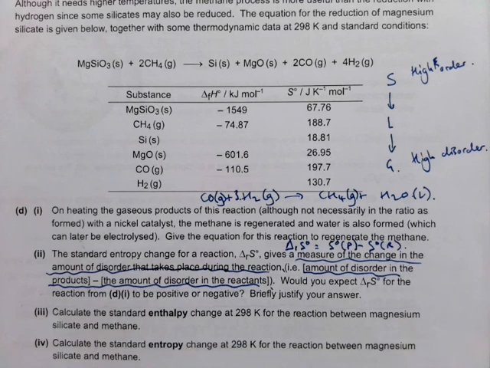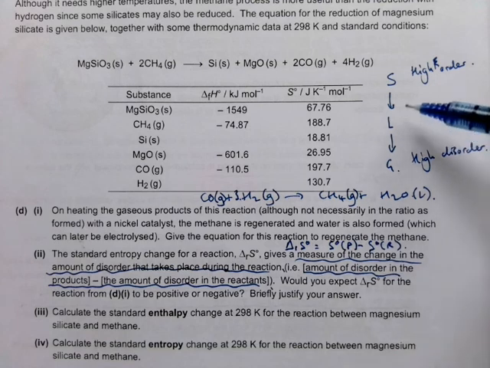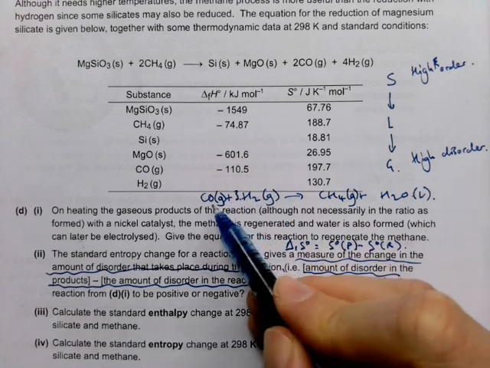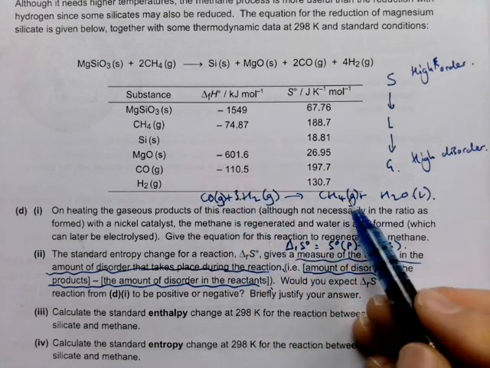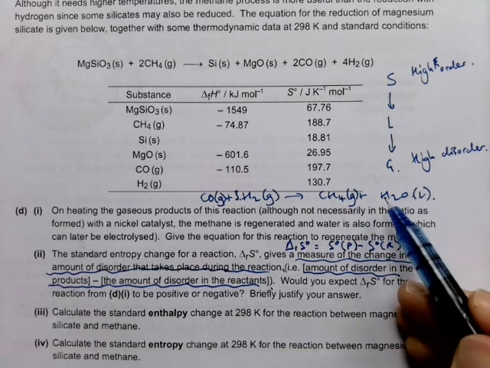All right, and so if we look at this equation here, am I increasing the amount of order or increasing the amount of disorder? Well, over here I've got 4 moles of gas molecules. And over here I've got 1 mole of gas molecule and 1 mole of liquid molecule.